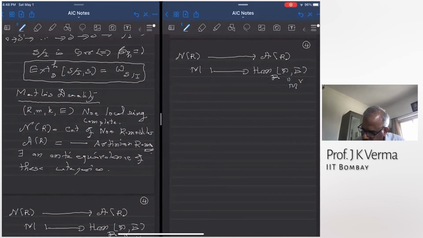And because this is taking M into Hom(M, E), this is a contravariant functor. Okay, and E is an injective module, so exact sequences will be mapped to exact sequences. Okay, the reverse map is also the same. It takes an Artinian module N and maps it to N dual. And this is a duality. That means if you start with M and map it to M check and come back to M double check, it is naturally isomorphic to M.